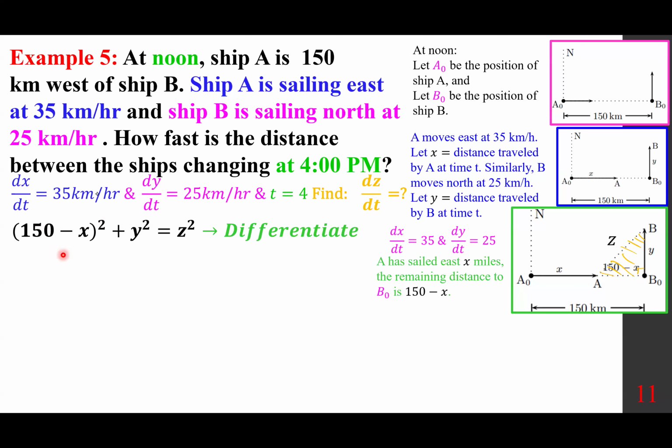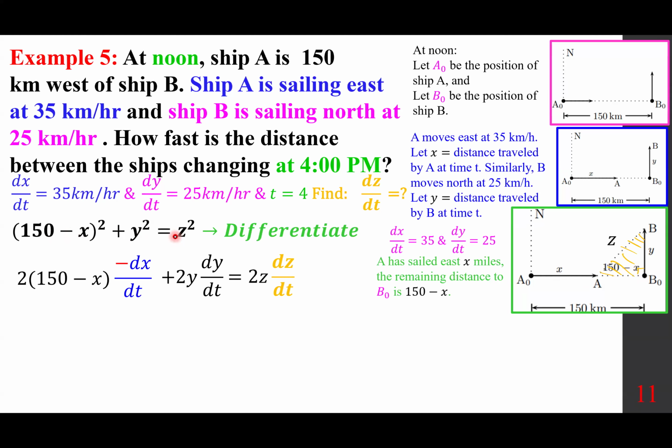Okay, 2 times 150 minus x to the power of 1 times the derivative of the inside, which is minus dx/dt, plus 2y dy/dt equals 2z dz/dt. Done. Calculus is finished. Plug in and you're done.